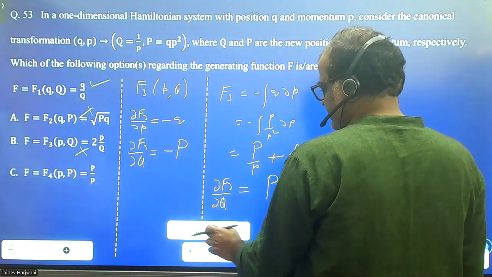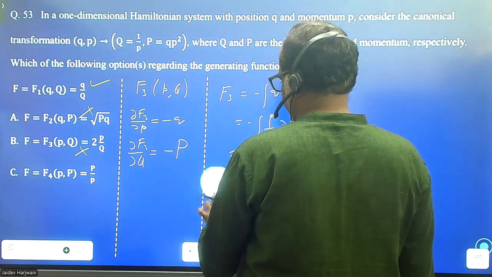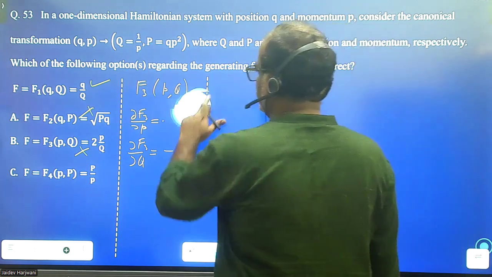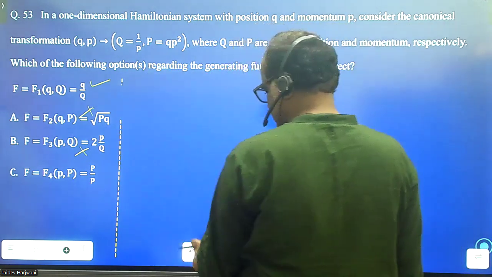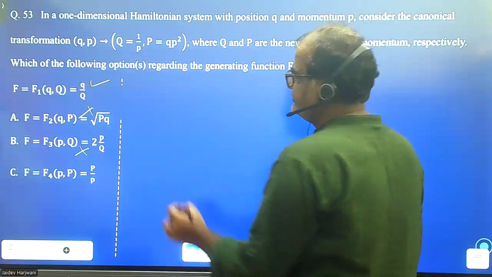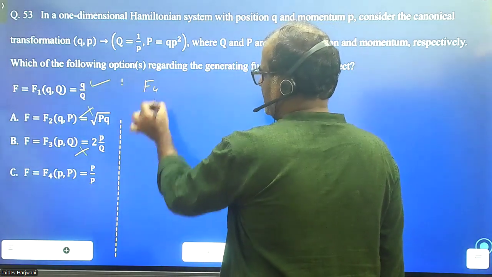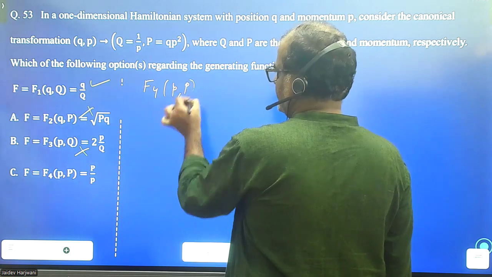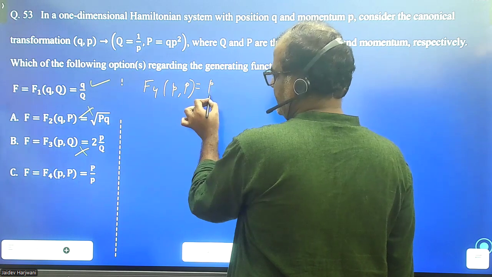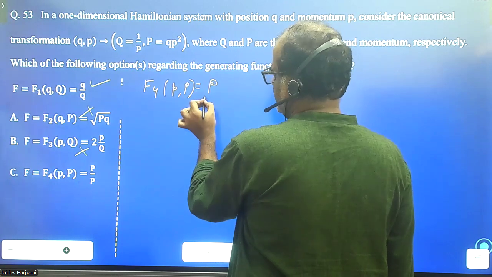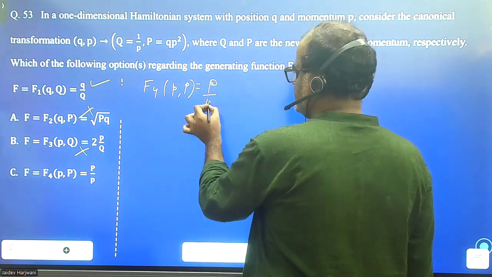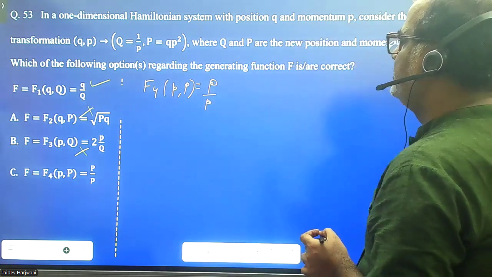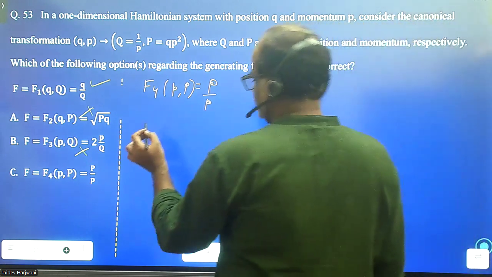Now let us find out for the last one, F4. So F4 is small p, capital P. Okay, now let us solve this one also.